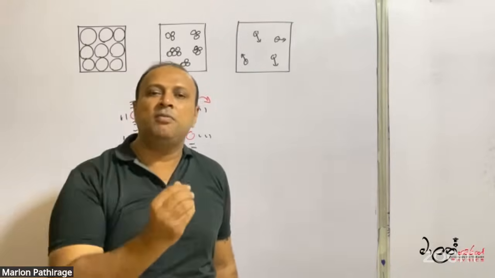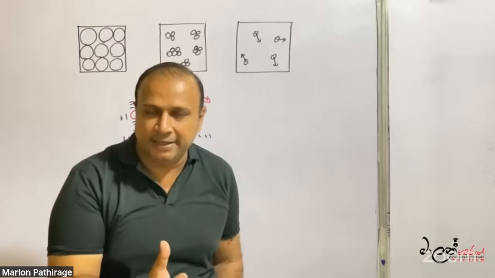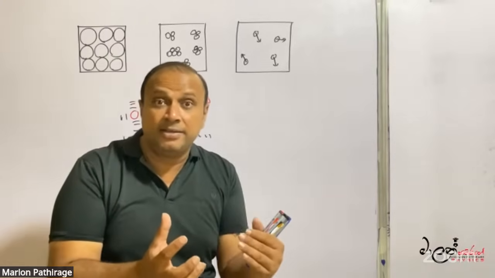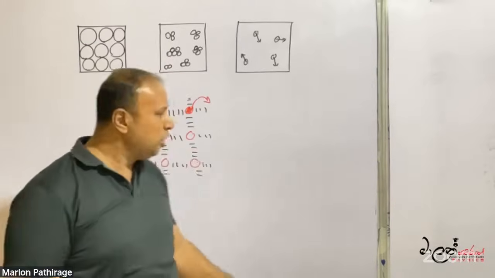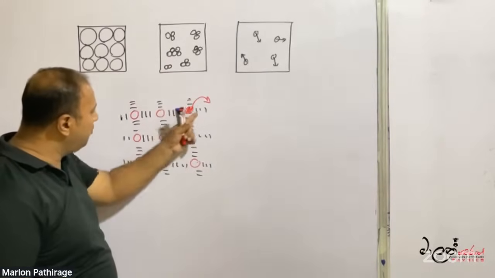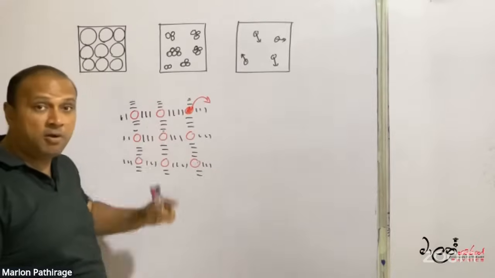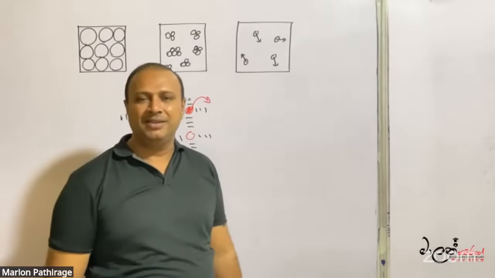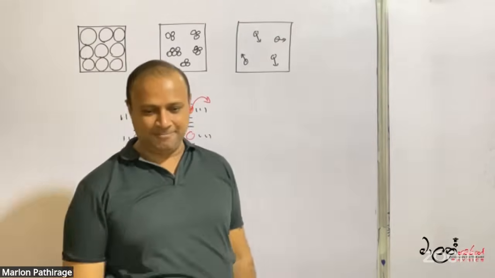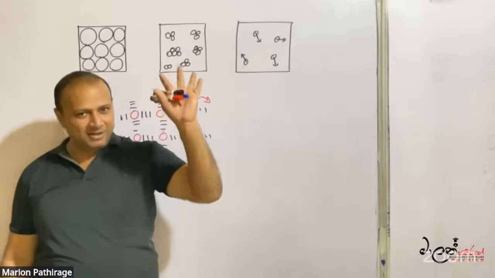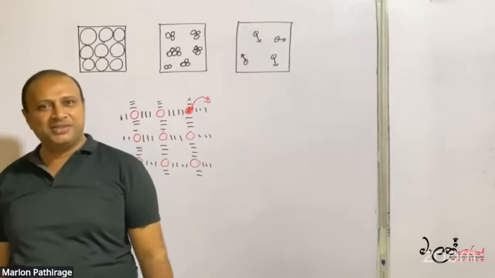Anyway, due to the motion of those particles, those particles have kinetic energies, and due to the intermolecular bonds, they have a type of potential energy. If you got that one, please raise the hand.